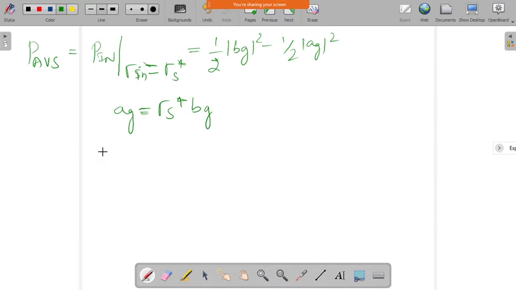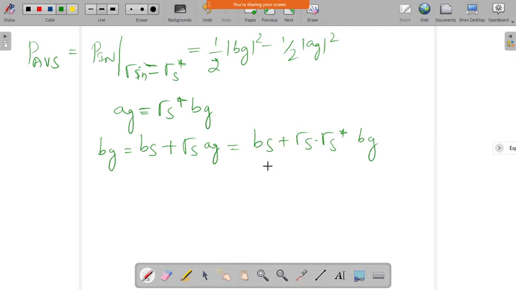Okay, and we can write Bg, which is the generator reflected voltage, equal to Bs plus gamma S into Ag. Now if I substitute Ag from this expression, we get Bs plus gamma S into gamma S star into Bg. If I take this to this side, we get Bg minus gamma S magnitude square.